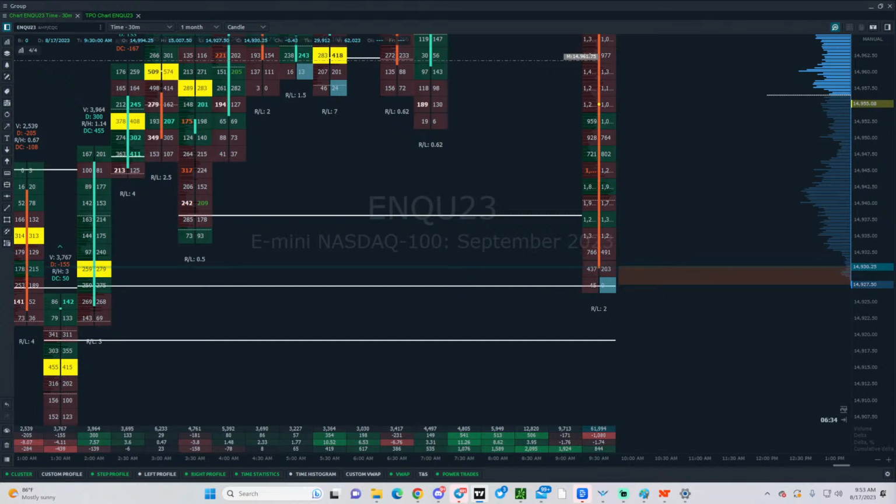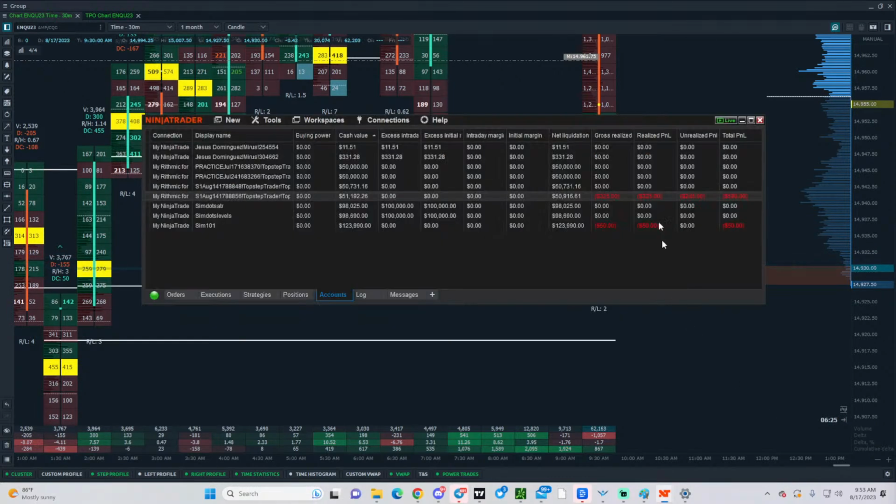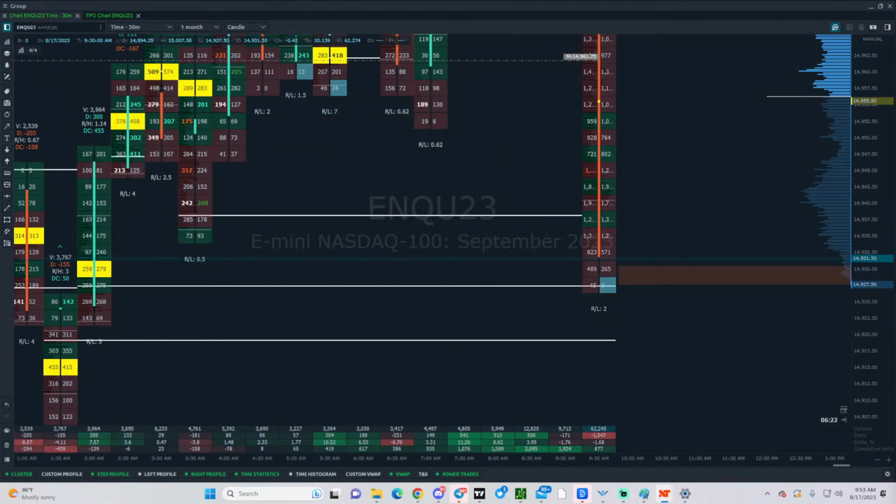I think it's imminent that it will hit this area here, 921. Yeah, it's just obviously going to test the previous low.